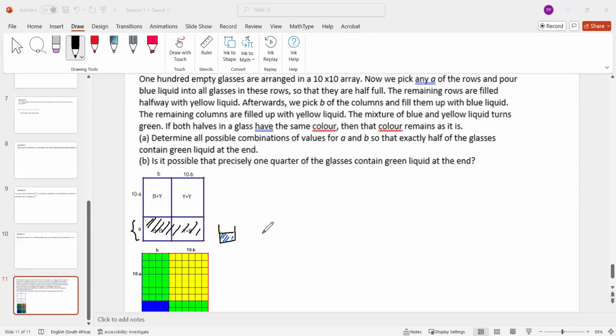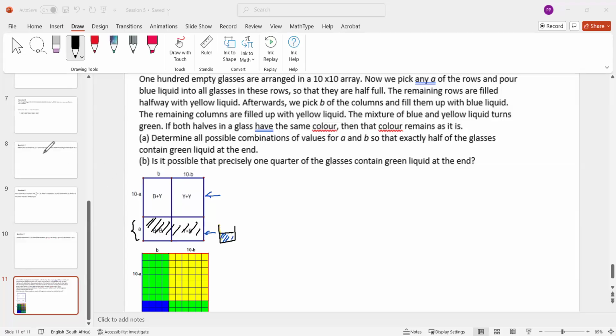And they say, right through you got these glasses look like that. And you say the remaining rows are filled halfway with the yellow liquid. So these remaining rows are filled with yellow liquid.